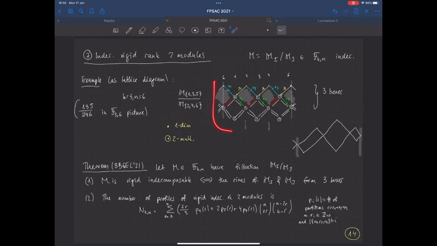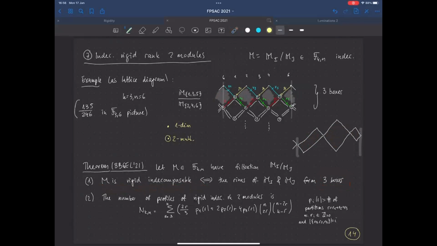And then if you look at it that way, as a lattice picture, you see between the 2 modules, you have the one starting from the circled vertices and everything below, and the one on the top, you have this gray shaded area, which is just 3 square boxes. And what we can show is a rank 2 module is rigid indecomposable if and only if these areas are really boxes.